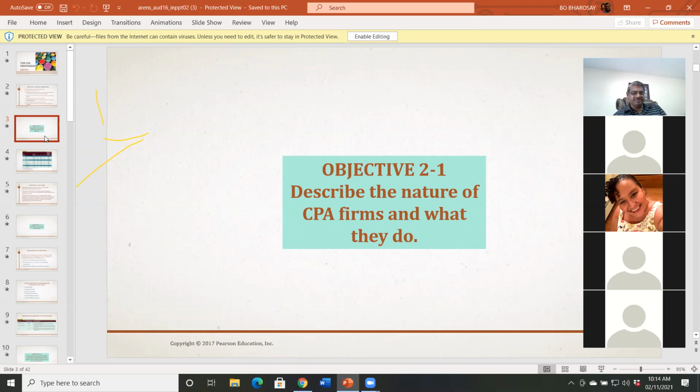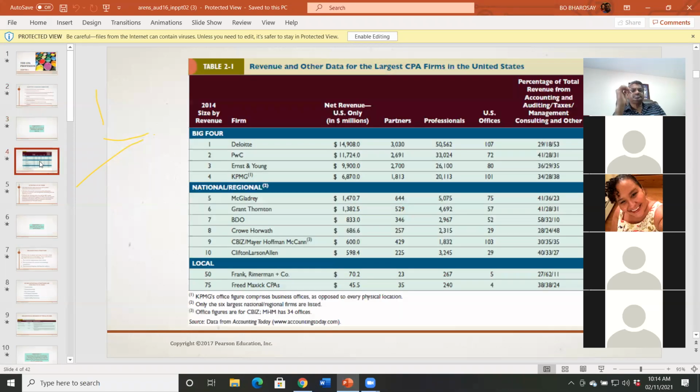So who are these guys? Number one is Deloitte. In the old days, it used to be Deloitte and Touche. Deloitte is the largest accounting firm in the world as categorized by its revenue and its professional staff.